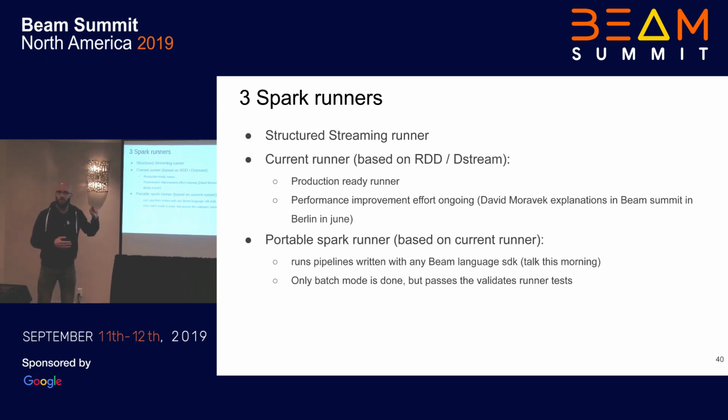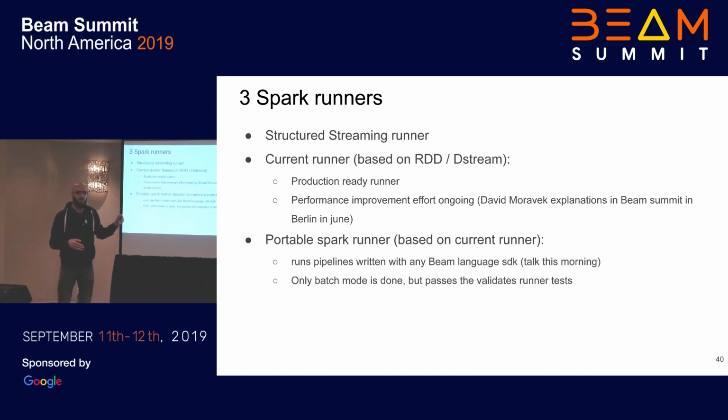And that's 3. This morning, if you were at the talk, you heard about the portable Spark runner. This one is like the previous talk about portability between the language SDK and the engine, but it's still based on RDD and DStreams. So that's another runner.